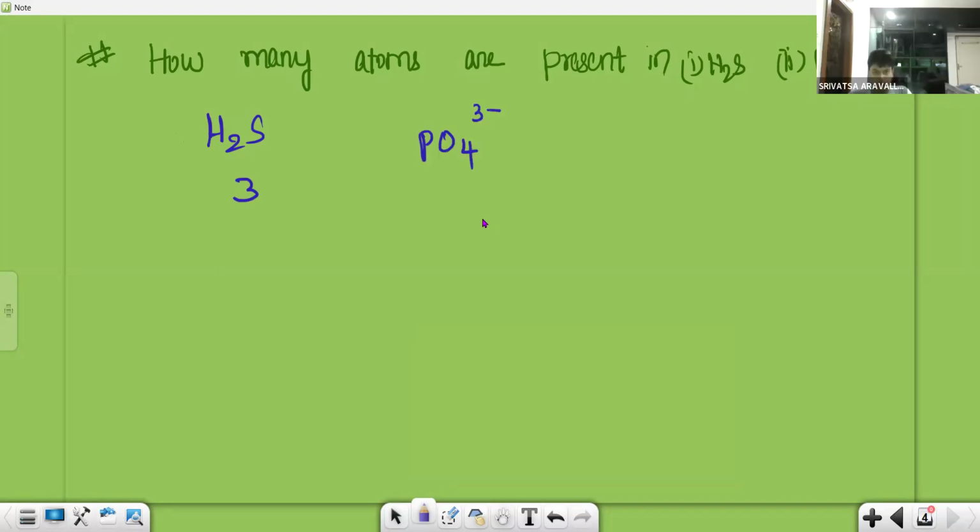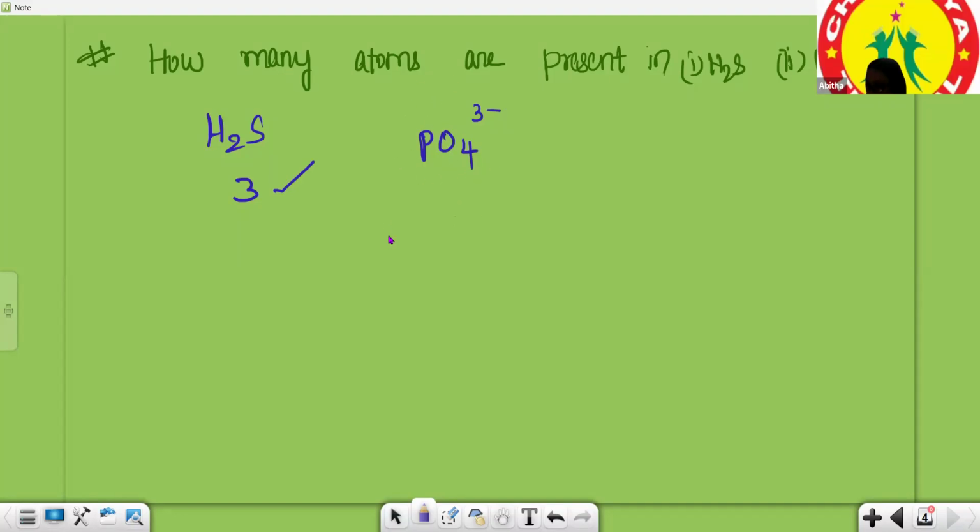So it will be 4. Seven. Count again. I'll tell you. What are the elements present in PO4 3 minus? Potassium, oxygen. P is for potassium.